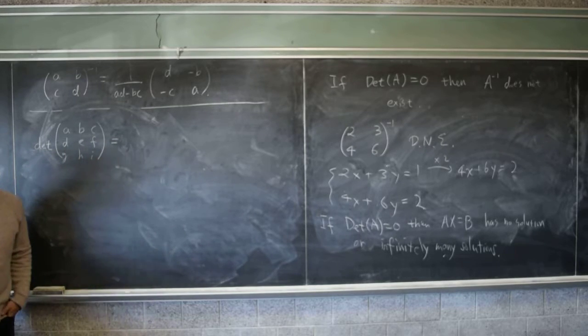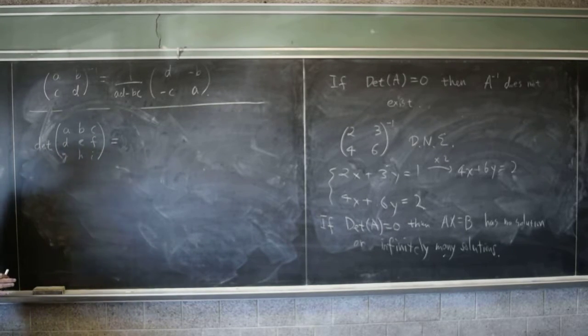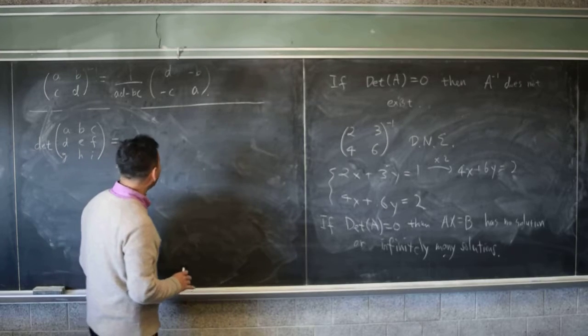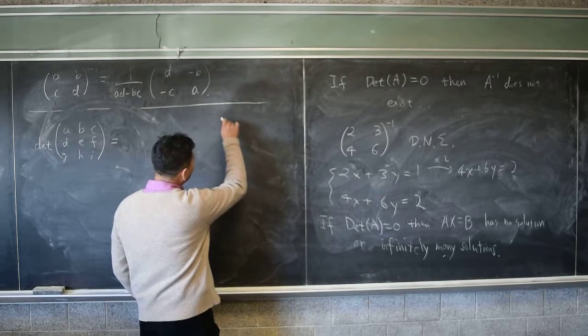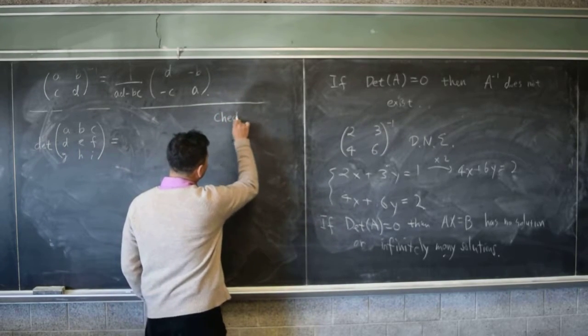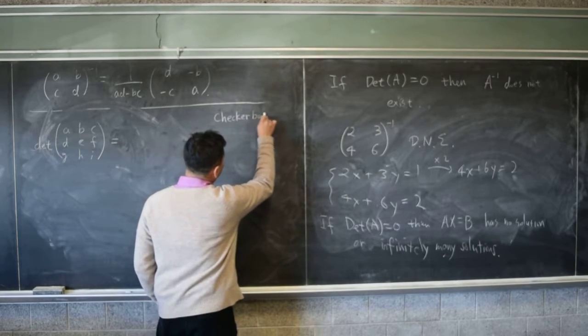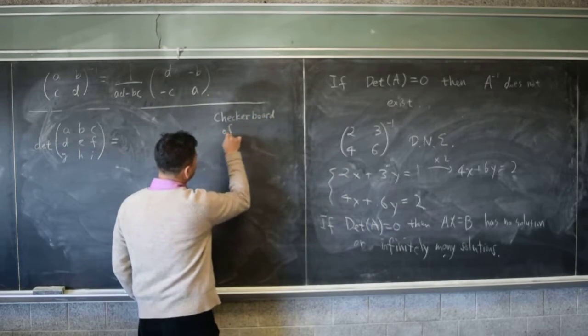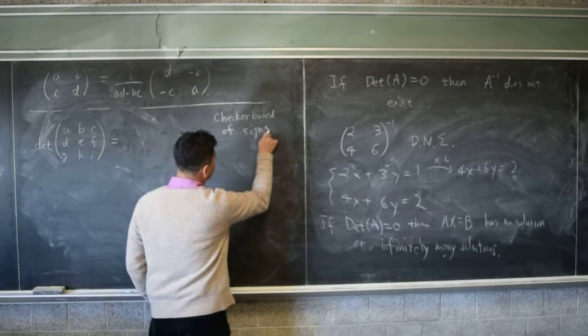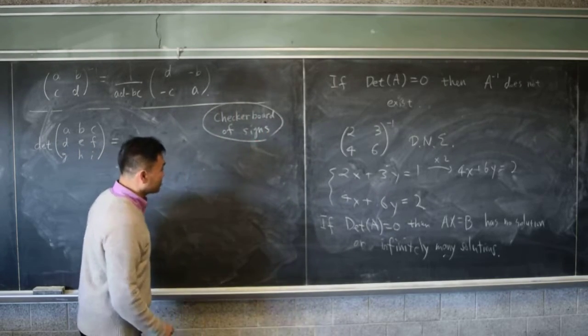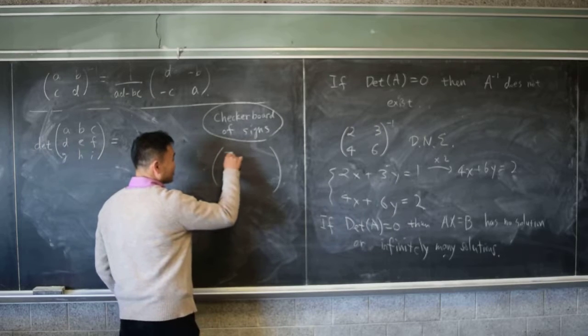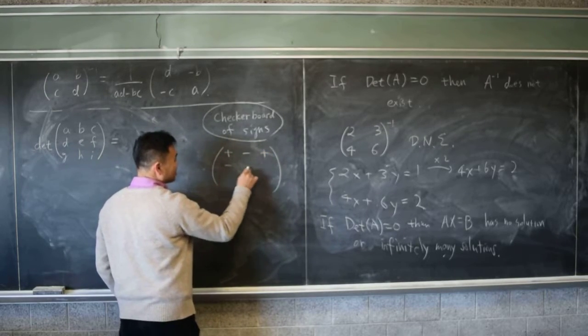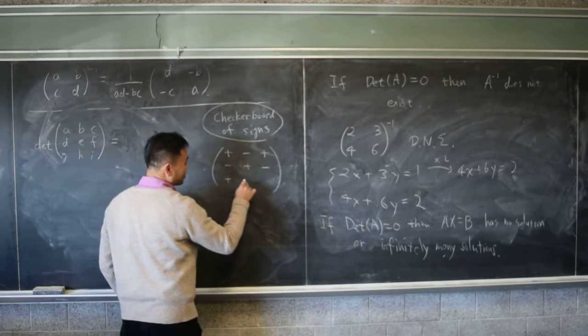Actually, I have to give you this in steps. Okay? So first, what you have to know is there is something called the checkerboard of signs. It's basically a checkerboard, but made up of signs.